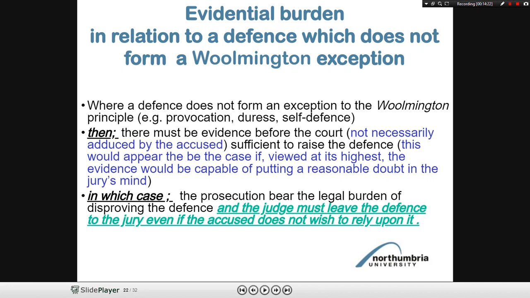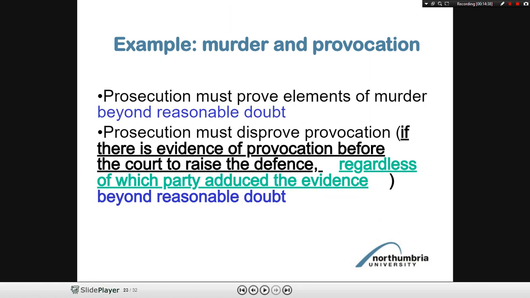In which case the prosecution bears the legal burden of disproving the defense. The judge must leave the defense to the jury even if the accused does not wish to rely upon it. For example, murder and provocation. The prosecution must prove the elements of murder beyond reasonable doubt.